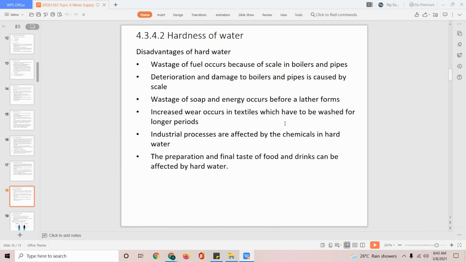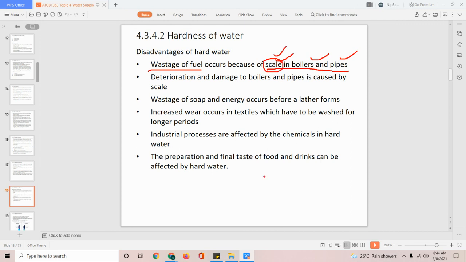Here, we will discuss a bit on the advantages and disadvantages. We can waste fuel because there will be scale in boilers and pipes. Because the water is hard, it contains a lot of minerals. As they travel through the pipes and boilers, they leave these minerals behind. Once they build up, we call it scale.